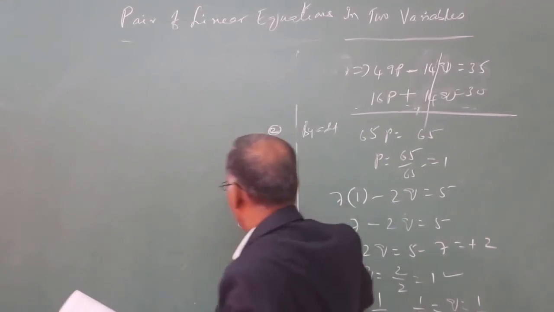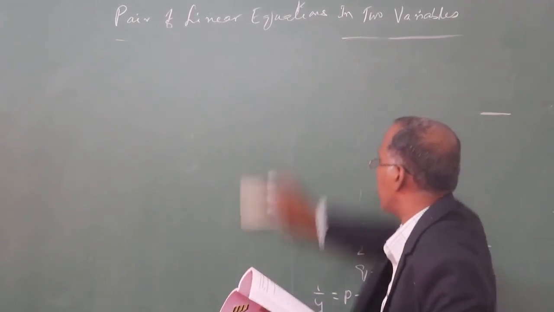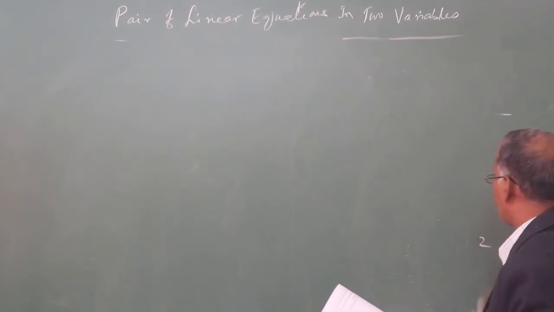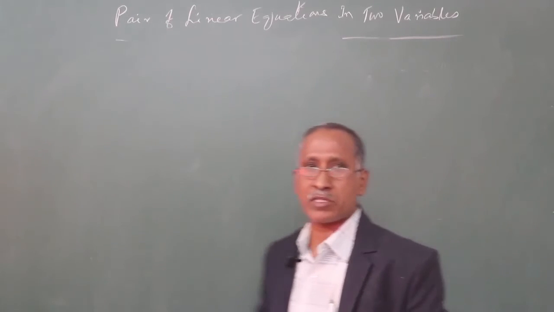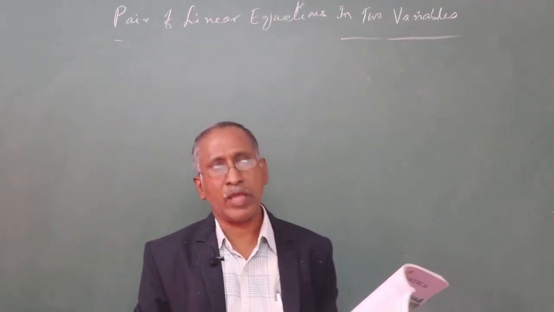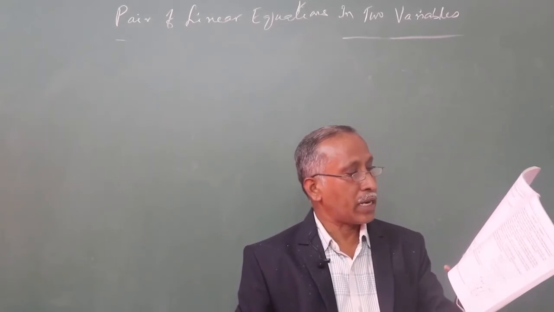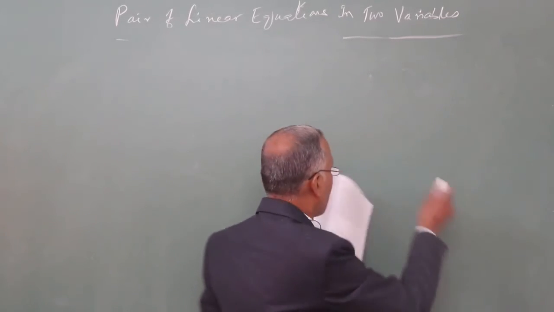Statement sums. When we have to read the statements, we have to relate known facts with the unknown facts. We have to establish the pair of linear equations and proceed. I'll just give the clue, then you can solve your sum yourself. Ruhi travels 300 kilometers, that is given now.